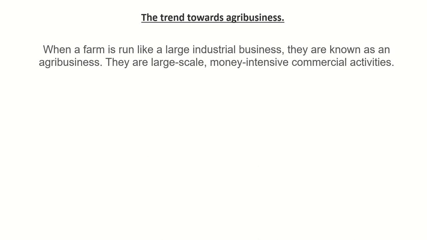So, agribusiness is not one man on his farm with his dog and his tractor ploughing up and down and selling the proceeds to the local shop. Agribusiness is companies like Tesco or McDonald's paying a company that might run 100 farms in an area on a large scale basis. It gives them one price.